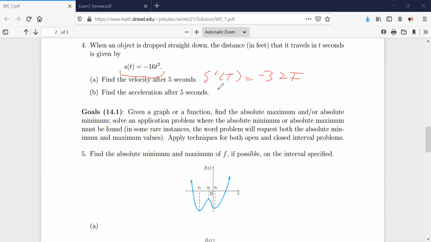If I do the second derivative of that, it's going to be equal to negative 32. But the velocity after 5 seconds, when I plug in s prime of 5, is equal to negative 160. And then s double prime of 5 is equal to negative 32.